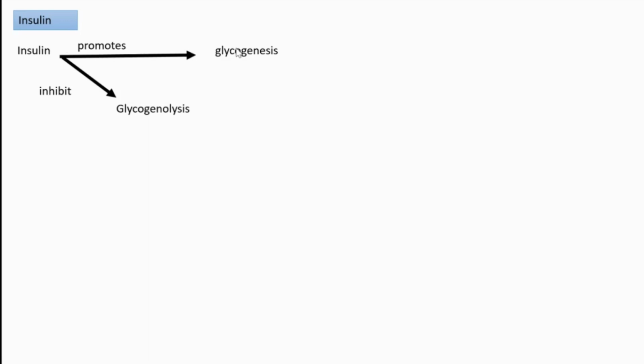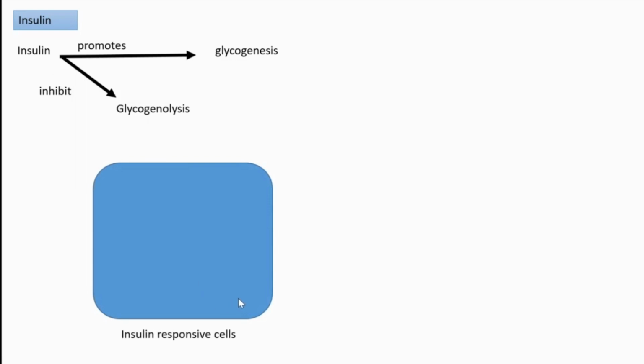Insulin promotes glycogenesis, the synthesis of glycogen, and in that way the excess glucose can be stored in the liver or other tissues in our body. It also inhibits glycogenolysis, the breaking down of glycogen to form glucose. That pathway it inhibits.